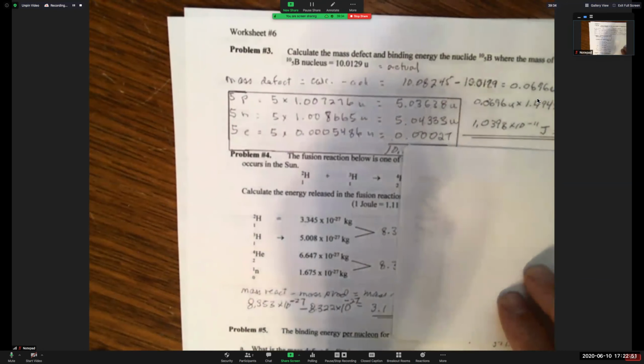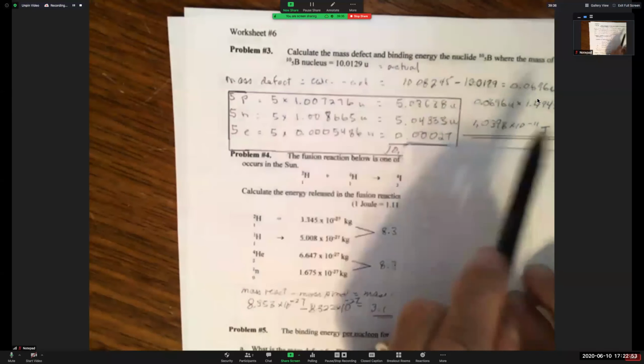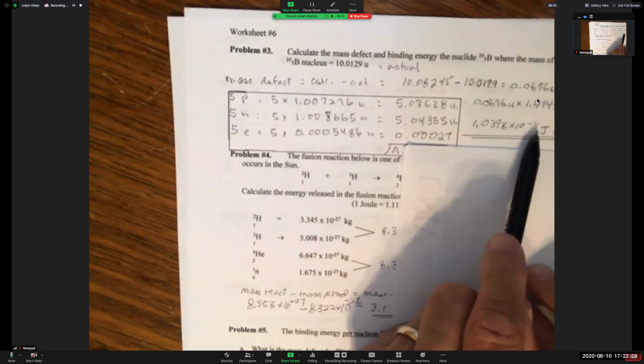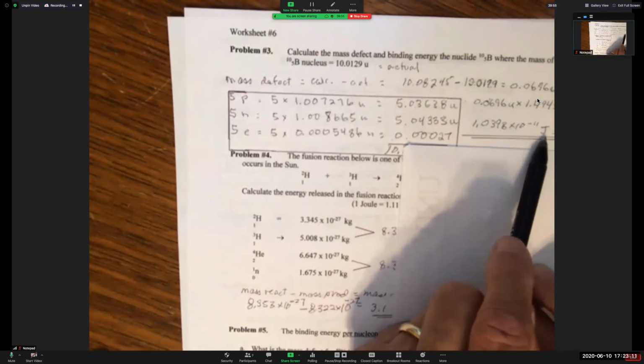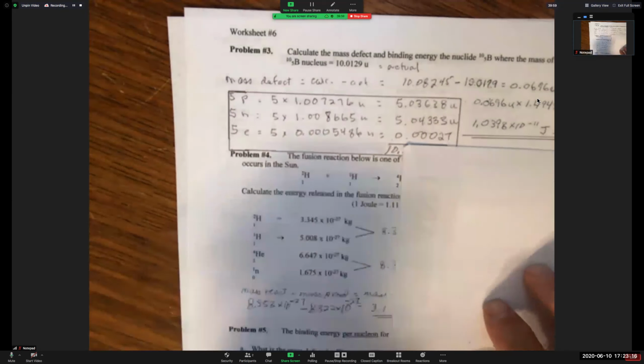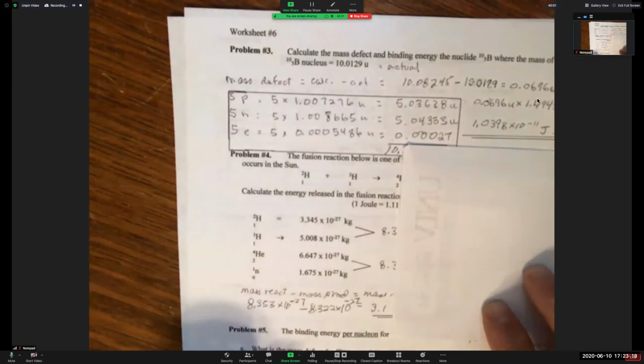And so if you multiply this times 6.022 times 10 to the 23rd, you're going to get something like 6 times 10 to the 12th joules. So 10 to the 12 joules is a lot of joules. That's a lot of energy stored inside the nucleus of those atoms.